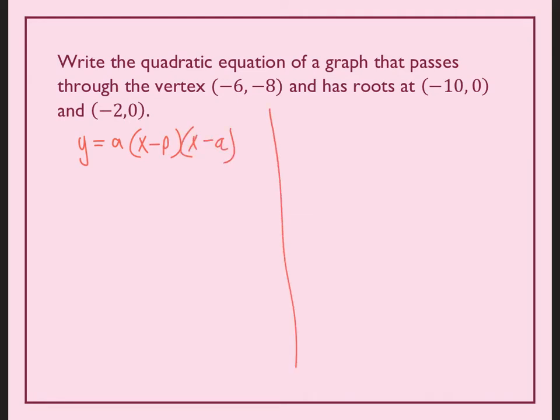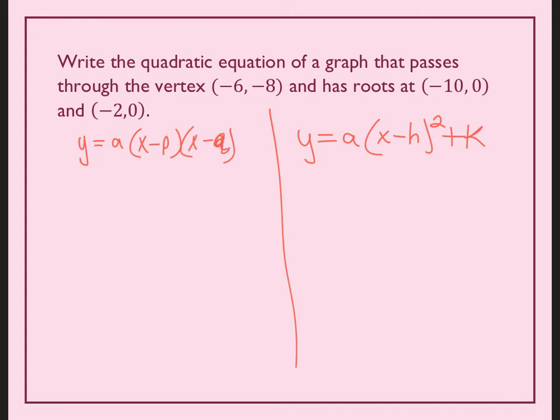If I use vertex form, I have y equals a, x minus h squared plus k. But guys, your a value is going to be exactly the same for this problem. So you do not have to solve for the a value twice. You only have to solve for the a value one time.